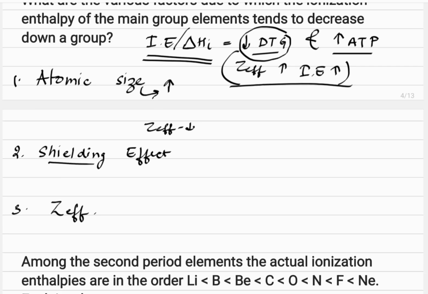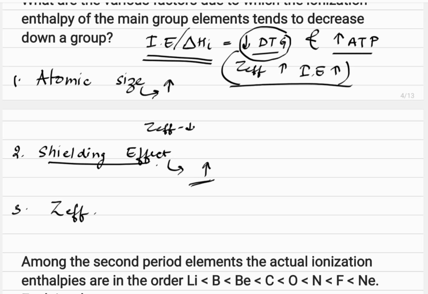Okay? Shielding effect. As we go down the group, now we just mentioned number of shells keep on increasing, and in those shells are electrons. If an element has a lot of shells between the nucleus and the outermost electron, that means it has a lot of inner electrons, and those inner electrons are shielding the nuclear charge from the outermost electron. So as the number of shells increases, or as the atomic size increases, shielding effect also tends to increase.